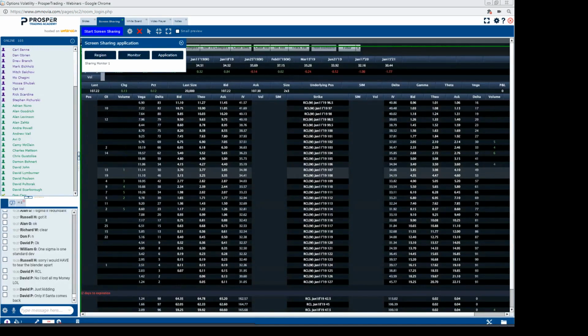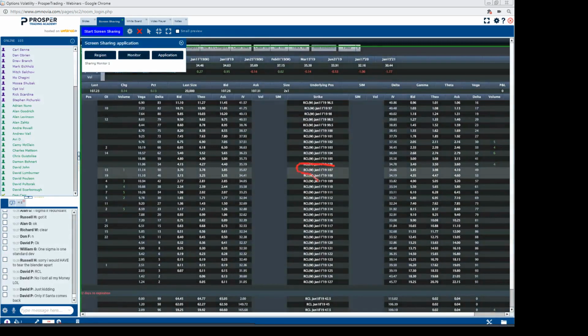The easiest way to do this without getting into mathematical calculations, to get a really good barometer, is to look at the closest at the money straddle. Because what we want to do is look at the amount of premium, only extrinsic value, not intrinsic value, that the at the money straddle is being priced at.